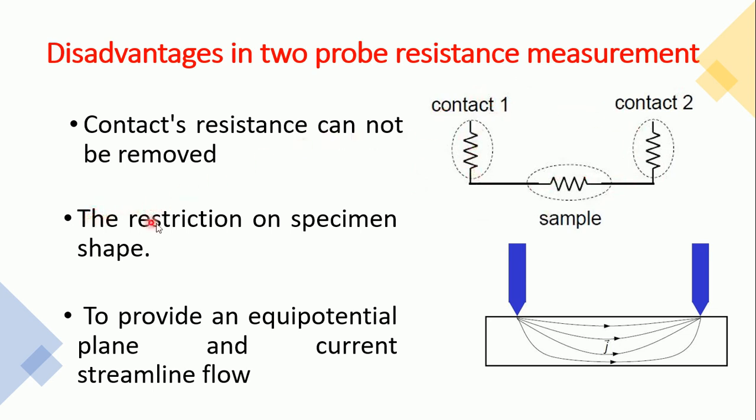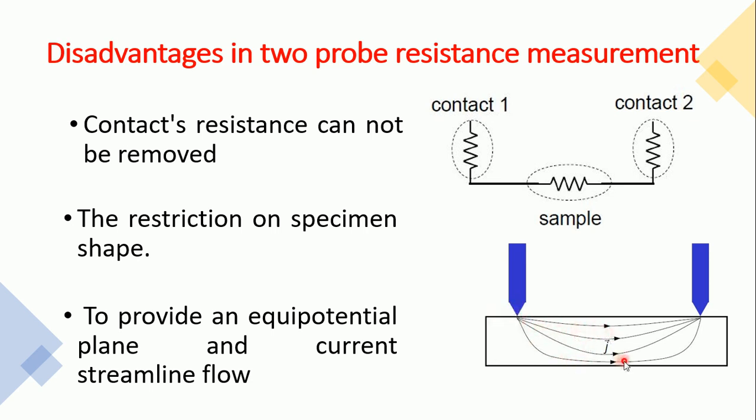The second is the restriction on specimen shape. How this affects the resistance measurement, we will discuss in detail in later slides. The third one is that it cannot provide an equipotential plane and current streamline flow, because in two probe the current comes out of point contacts and then spreads through the sample.